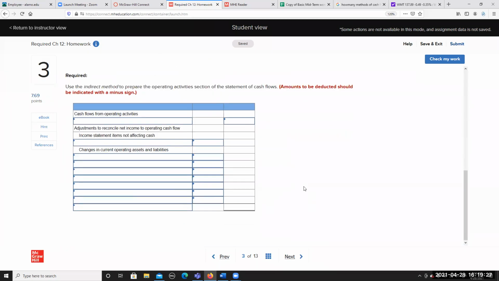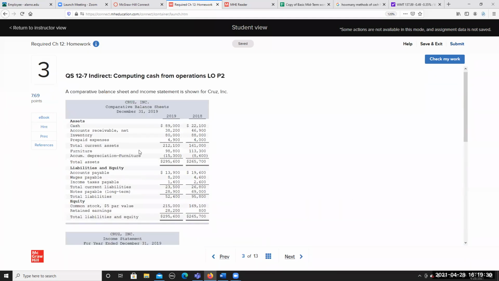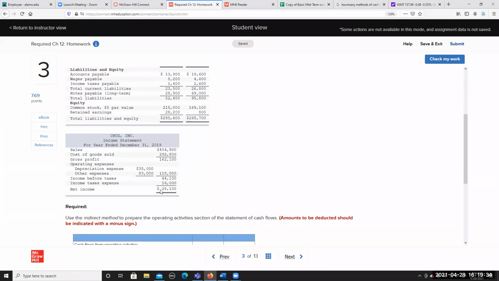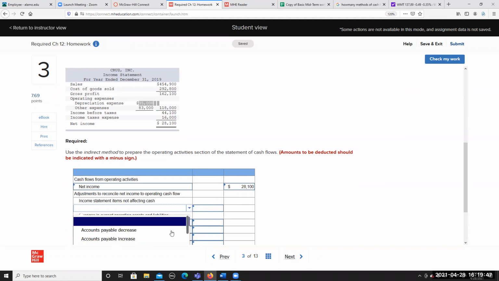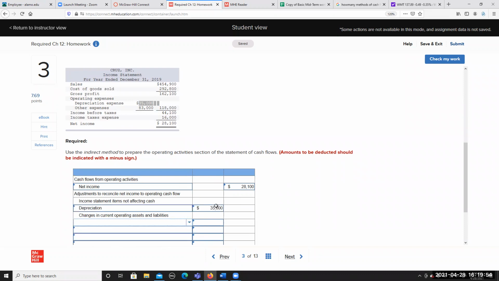Now, you should be able to do this one because we've already done two of them from the cash flow. But now, essentially, you have to start off again. Net income plus depreciation, which is not affecting cash. Then there are no gains or losses to add or subtract.